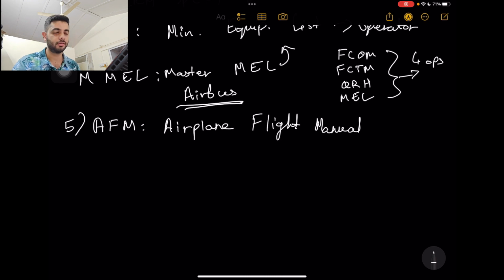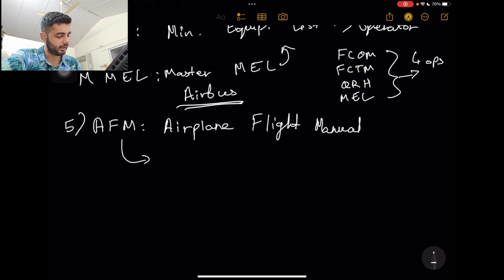And trust me, India has got a huge population, so the competition is going to make the passing marks really competitive. So every one mark will be counting eventually. So AFM, airplane flight manual.